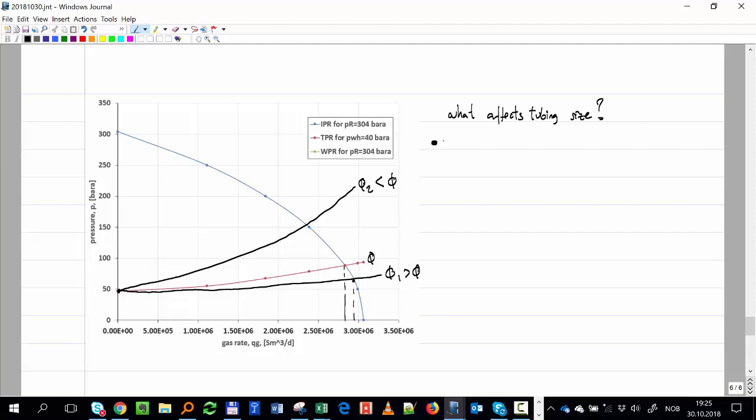First, you want to maximize production, right? So let's say I'm a manager, and I say we are operating with the red curve. I have an idea: if we put in a bigger tubing, that will increase the production dramatically, and we are going to make big bucks.